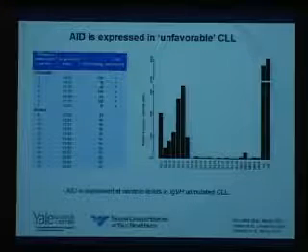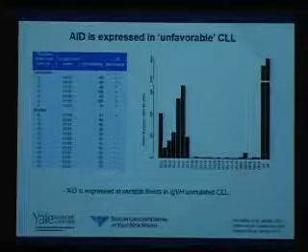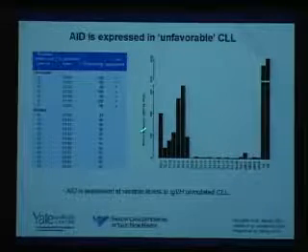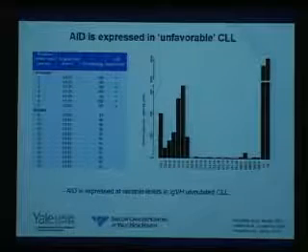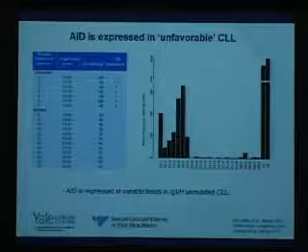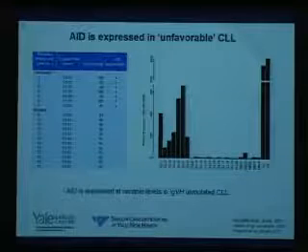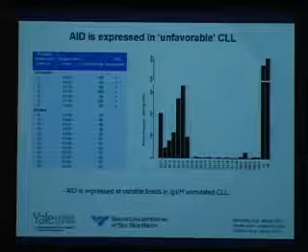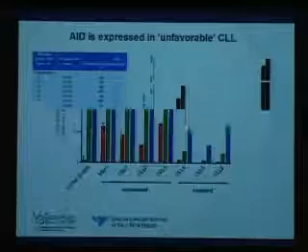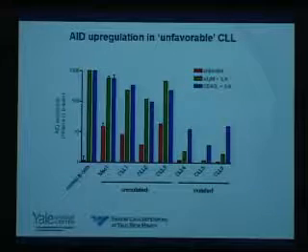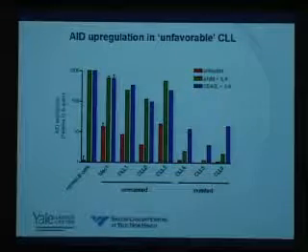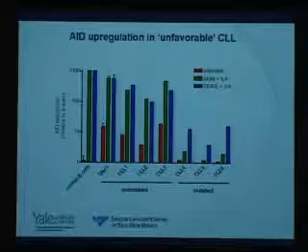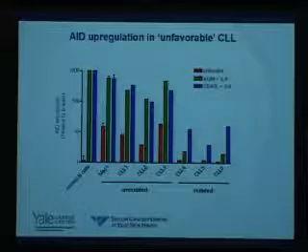However, given that we also know that there's enhanced B cell receptor signaling in these patients that have unmutated IgVH status and low expression of AID, is it possible that during the course of the disease AID expression may vary or may be stimulated in the microenvironment? So I did a very straightforward experiment and just looked at CLL cells from a cell line and from several patients with unmutated and mutated IgVH status.